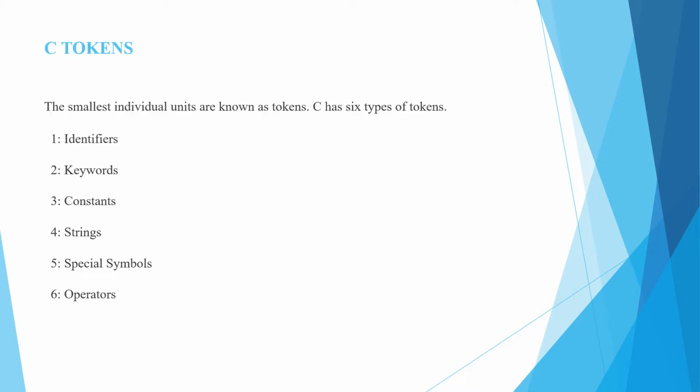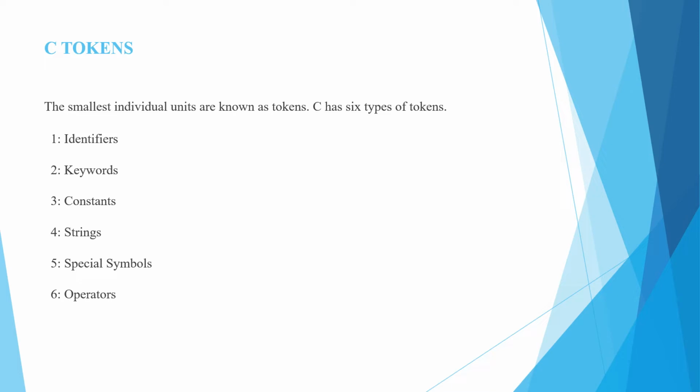Next, we move on to the next slide. C tokens. What are tokens? The smallest individual units are known as tokens. In other words, the smallest individual units in our programs are called tokens.